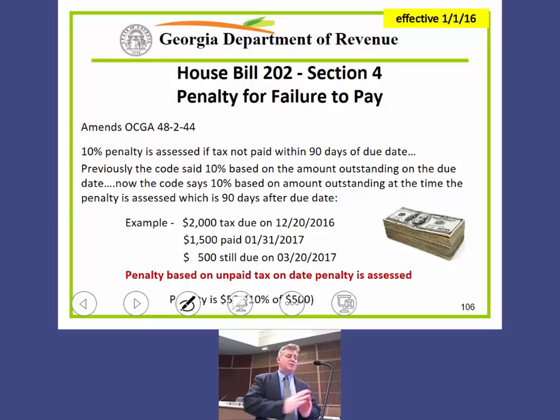Previously, if the tax bill wasn't paid in full on the 90th day past the due date, the penalty would be paid based on the total bill amount, regardless of whether or not part of the tax bill had been paid. This change provides that the penalty is based on just the unpaid tax balance on the date the penalty is assessed, which is 90 days after the due date.